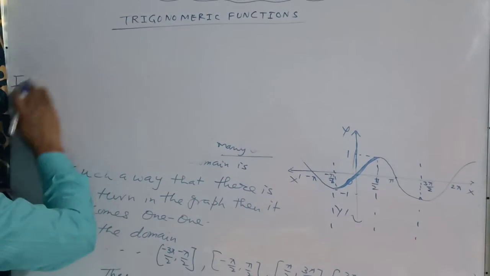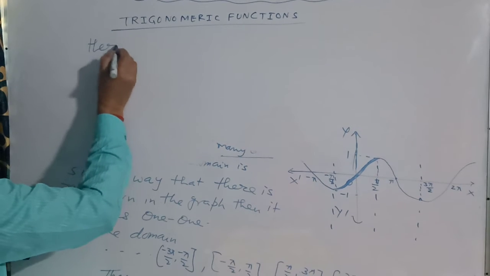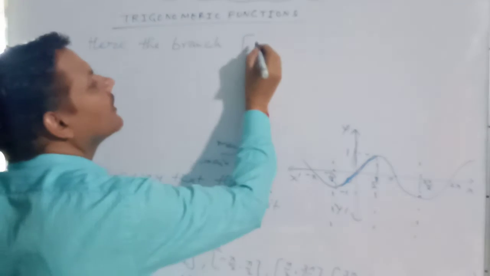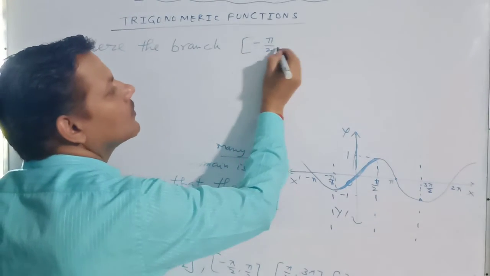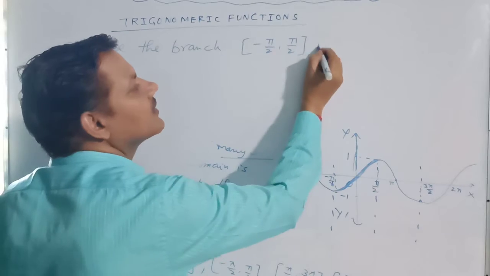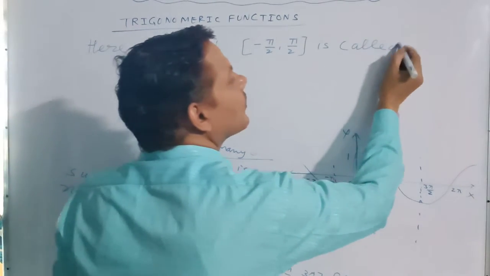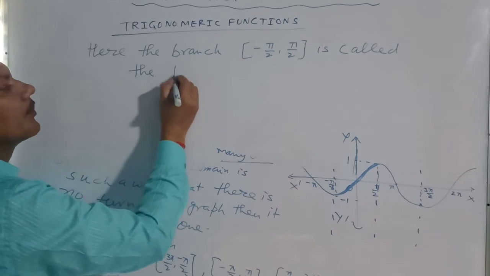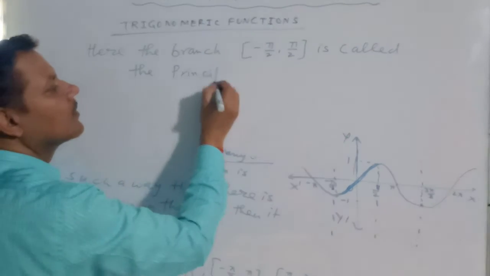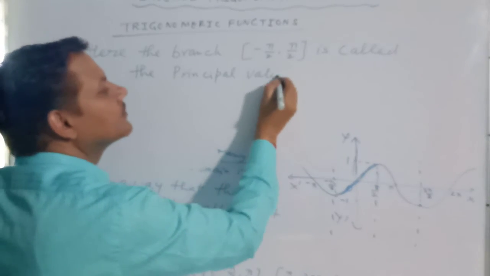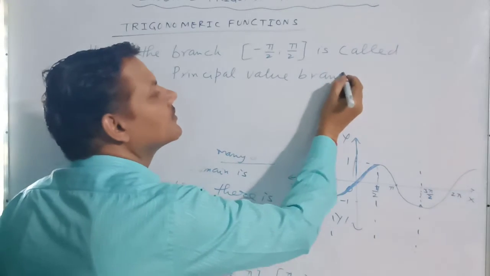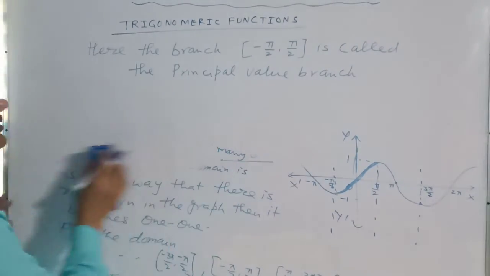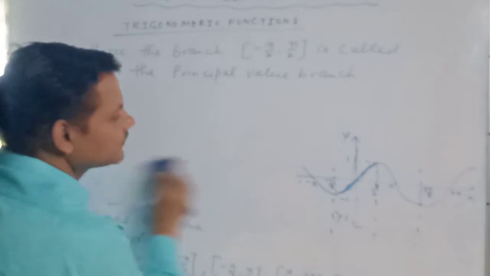Here the branch minus pi by 2 to pi by 2 is called the principal value branch. It means the function is 1 1 for all other branches also, but this is a special case. That's why it is called the principal value branch.